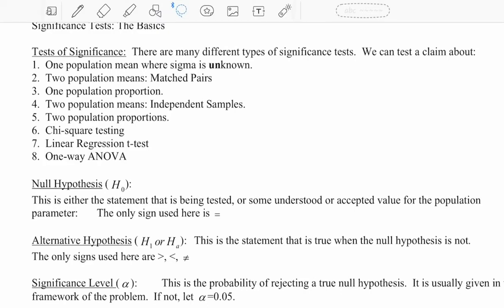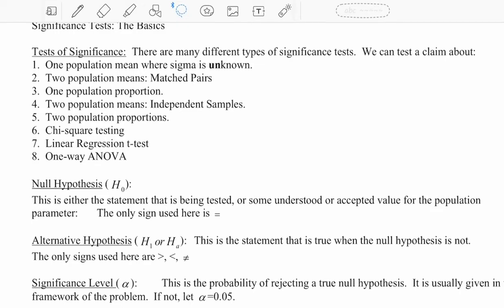When it comes to means, it's a little trickier because sometimes there isn't a default value, but usually the question will clue you in on what you should use as your null hypothesis in the case of a population mean. Sometimes it's in the context of the problem and it jumps out at you.